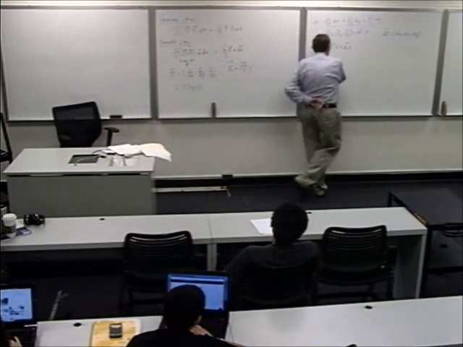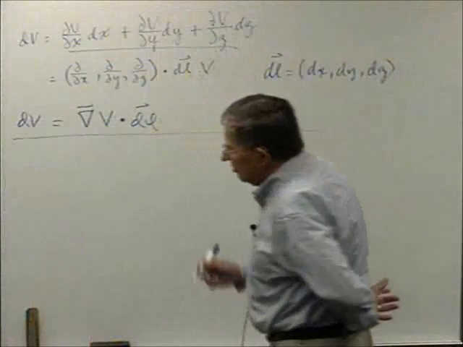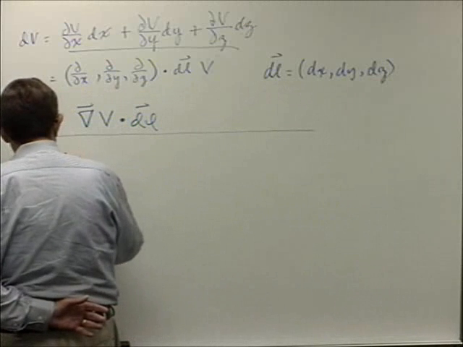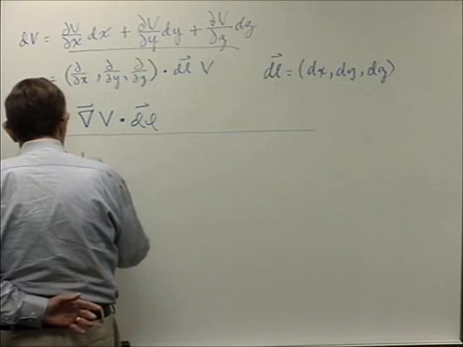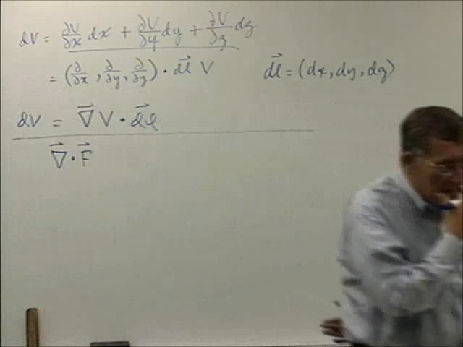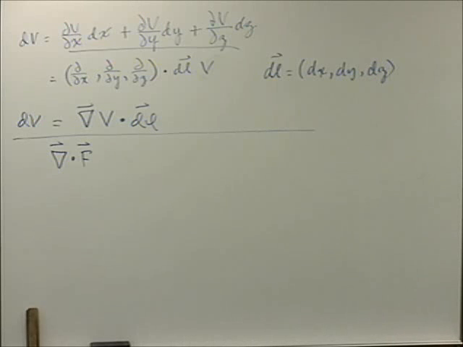Now, if you have a vector field, you can also use this del operator, and you can do del dot f, where f is some vector. And what's this called? What's del dot F called? And what's its physical significance?